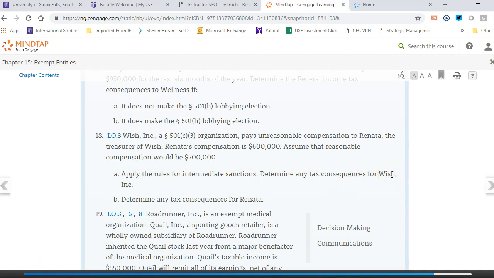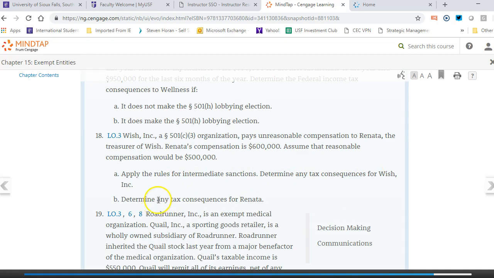So the organization pays a 10% tax on the difference, 100,000 times 10%, which is $10,000. And then there's a cap of $20,000 per transaction. So they're well within that, but the maximum is $20,000. Okay, so that's the intermediate sanctions for Wish Inc.